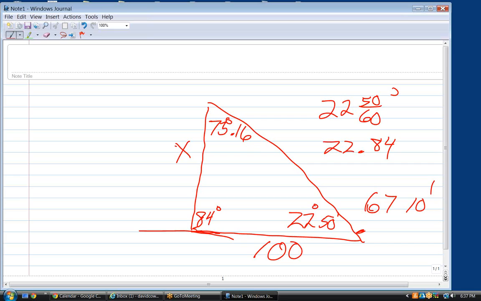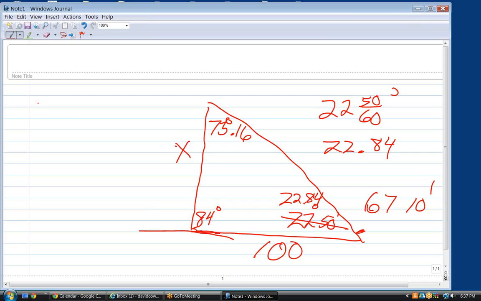Now apply the law of sines, which will allow me to solve for x. Let's rewrite this as 22.84. So what equation can I come up with?